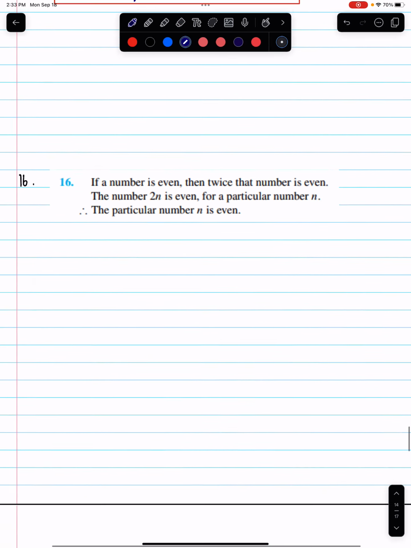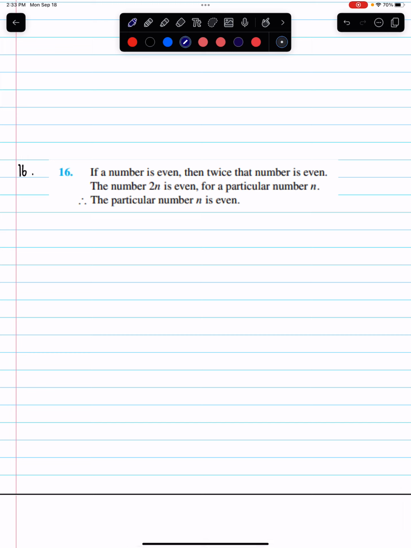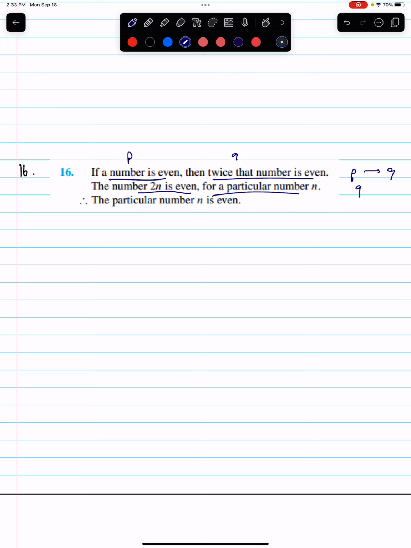Okay, next. If a number is even, then twice that number is even. P, then Q. The number 2n is even for a particular number n. So they've given us Q. The number n is even.